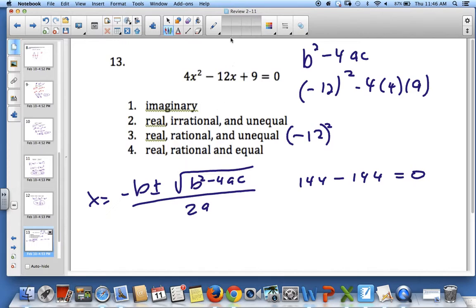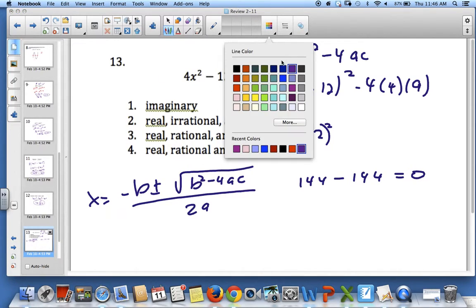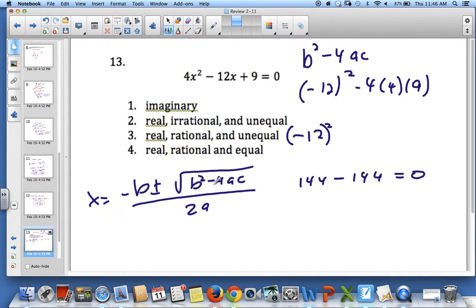We don't have to figure out what the solutions are. They're not asking that. They're asking what's the nature of the solutions. And b squared minus 4ac is underneath the square root sign. That's the key thing. So underneath the square root sign, I'm going to have 0 for this problem, which means I have negative b plus 0 over 2a and negative b minus 0 over 2a.